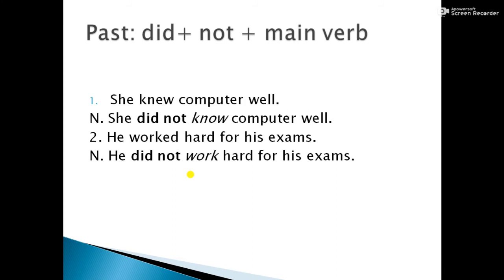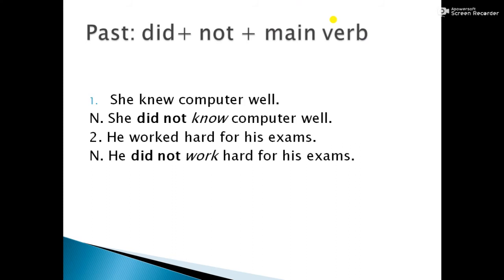It does not matter here. If there is past tense, you use did plus not plus again the main verb, the first form of the main verb or the base form of the main verb.